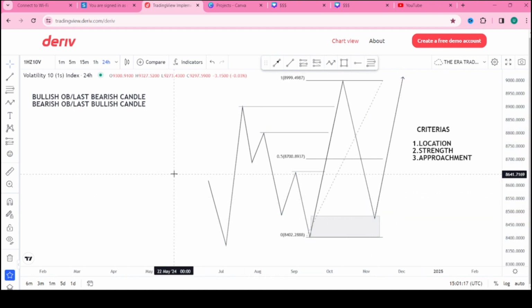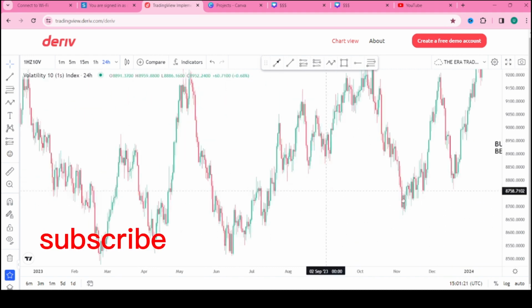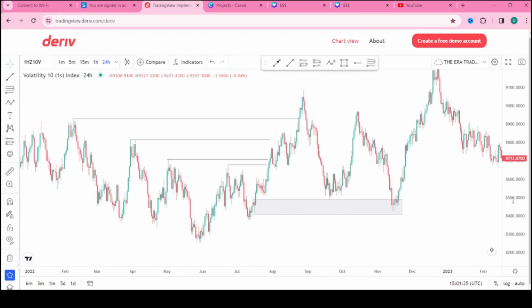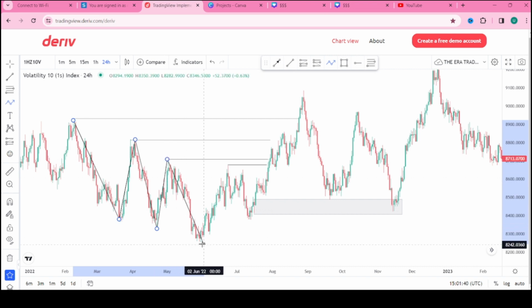Let's go to the chart now to see what I'm talking about. For example, this is the daily time frame, and you can see the structure started with clear lower highs and lower lows.